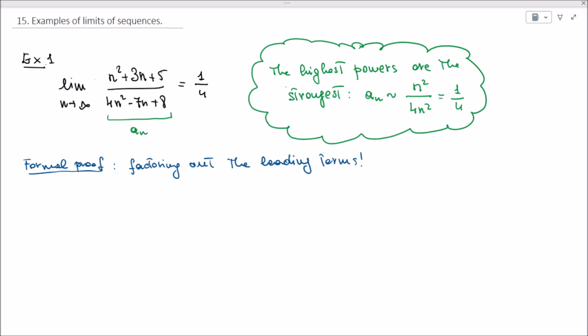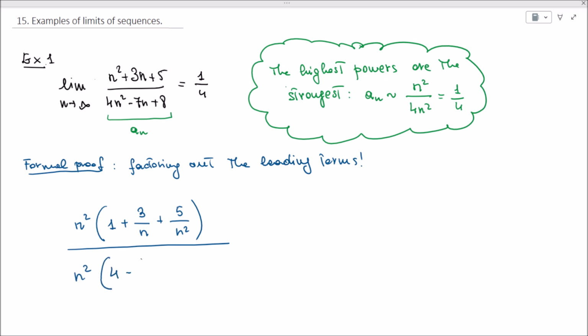That implies that we will have at the numerator n squared factored out, so we'll be left with 1 plus 3 divided by n plus 5 divided by n squared. And at the denominator we do the same. We factor out n squared and we're left with 4 minus 7 divided by n plus 8 divided by n squared.